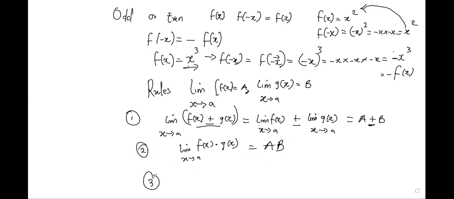The third one, division, should be the same thing, but remember, let me see if you're following me. If you take the limit as x approaches a of f divided by the limit as x approaches a of g, what should be the condition for this to hold?